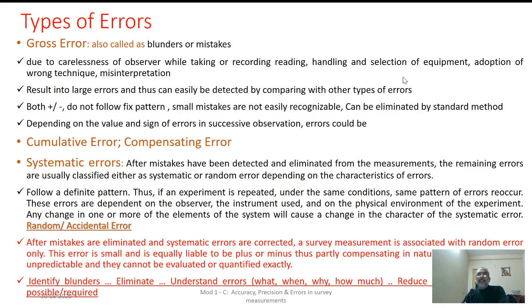Because of one's limitation, one may not be able to use the proper technique, or may not be able to interpret the correct procedure, and hence there would be such blunders or mistakes. Collectively, these are treated as gross errors.